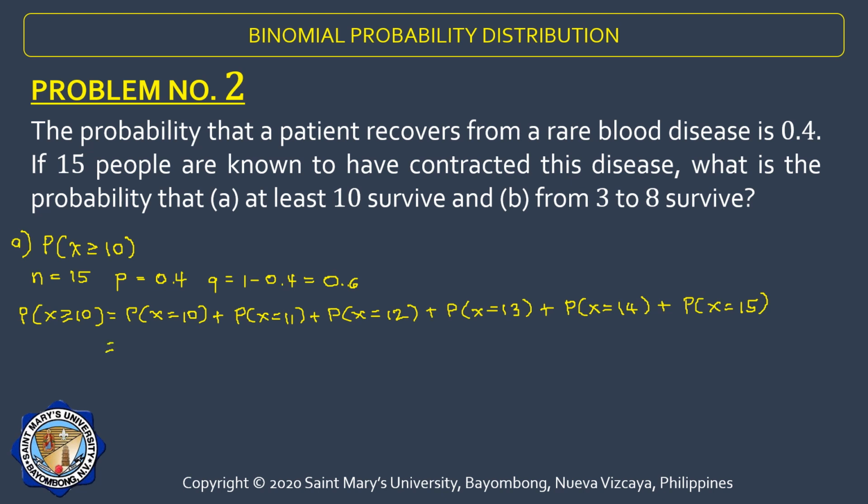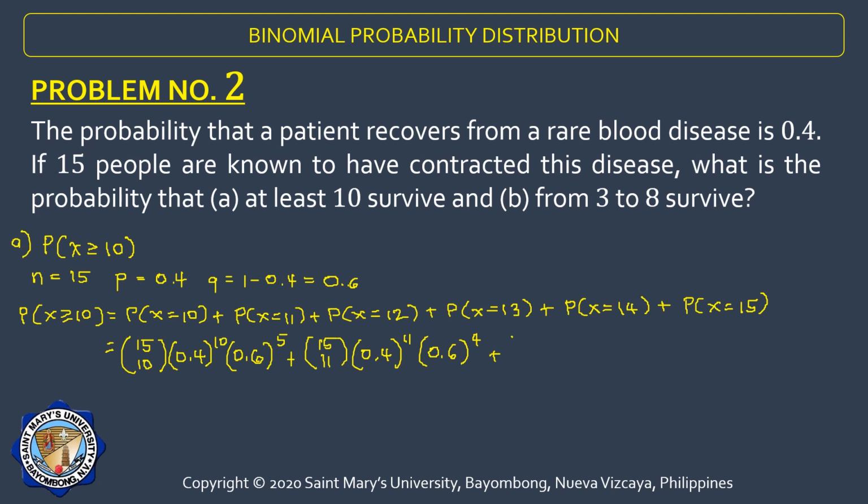Like sa first example, 1 by 1. So, if x is equal to 10, we have 15 taken 10 times 0.4 raised to 10 times 1 minus 0.4, yun yung ating 0.6, raised to 15 minus 10, 5. If x is 11, we have 15 taken 11. Same pattern lang. 0.4 raised to 11 times 0.6 raised to 15 minus 11, 4.